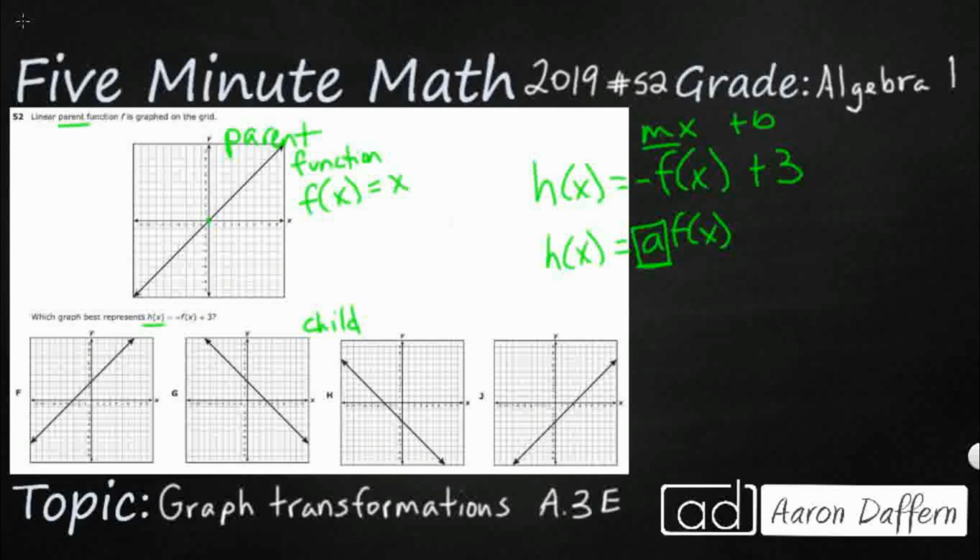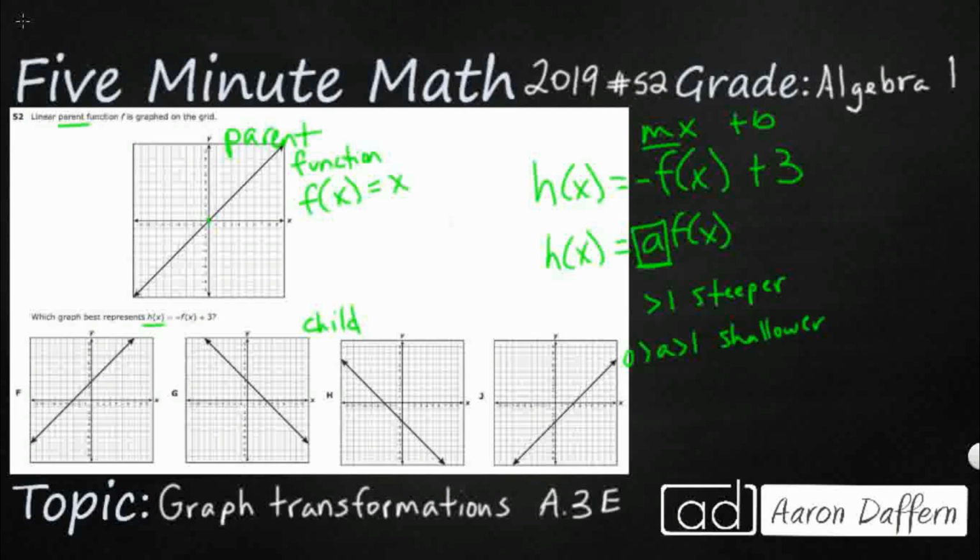So this multiplier right here changes our slope. If it's greater than 1, it becomes steeper. If a is between 1 and 0, then it becomes shallower.